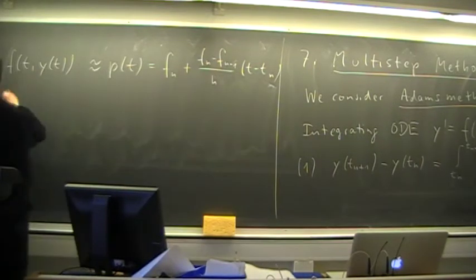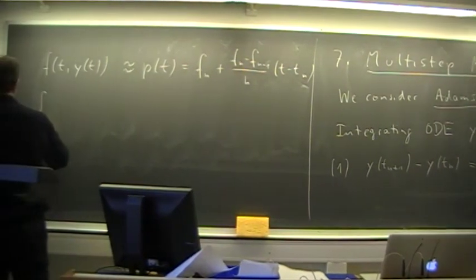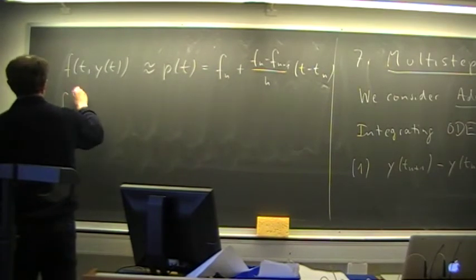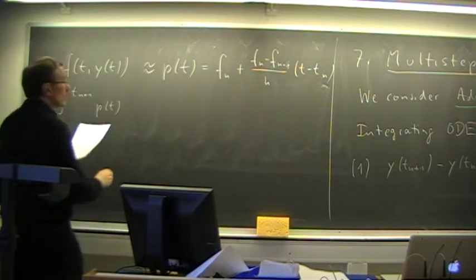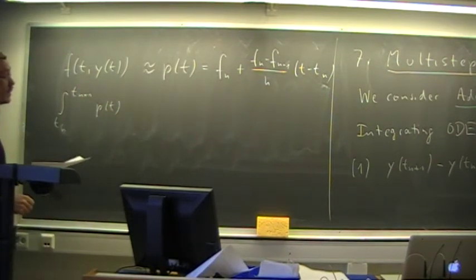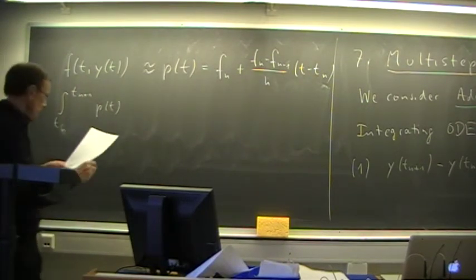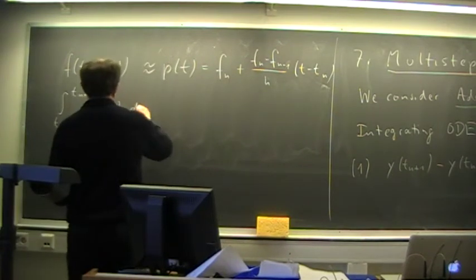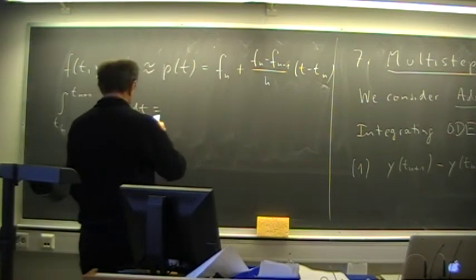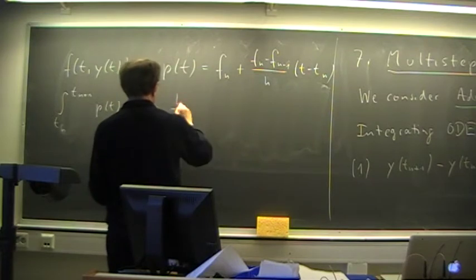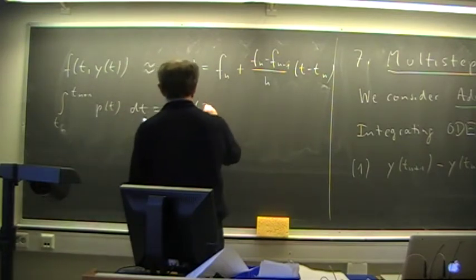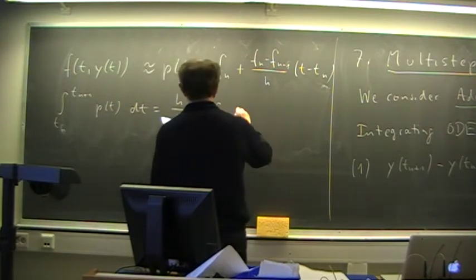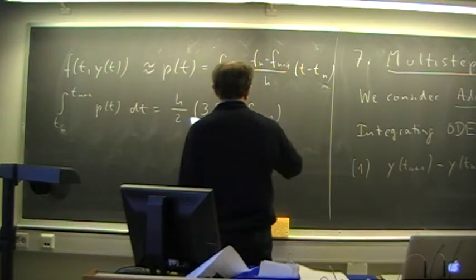So the integral from tn to tn plus 1 of this extrapolating polynomial can be done, and this is an exercise of calculus, we get h half times 3 fn minus fn minus 1.